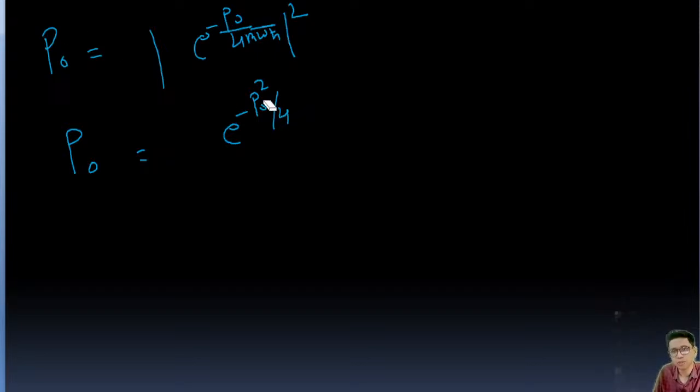Correct. So this is going to be e to the power minus 2 p naught upon 4 m omega h cut, and p naught square.